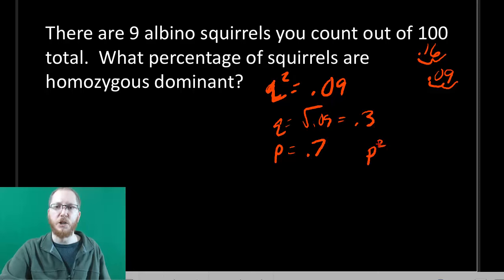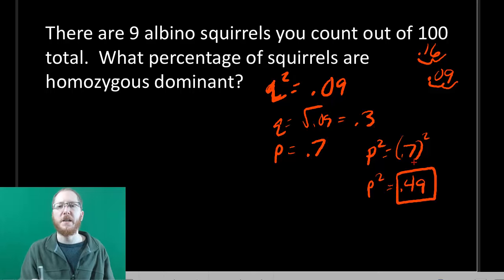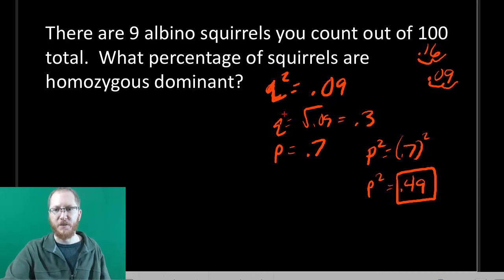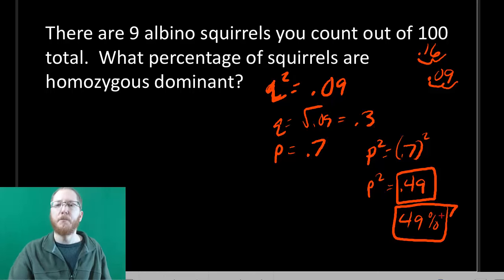P is the dominant. I need 2 of them to be homozygous dominant. So that means I will have 0.7 squared. So p squared equals 0.49. Or in other words, 49%. I asked for percentage, so I should follow my own advice here. So 49% of them are going to be homozygous dominant.